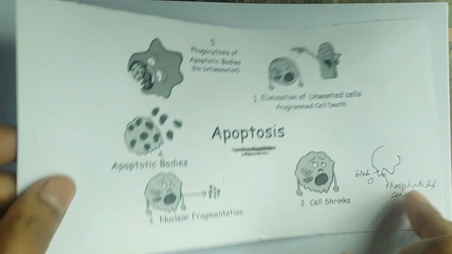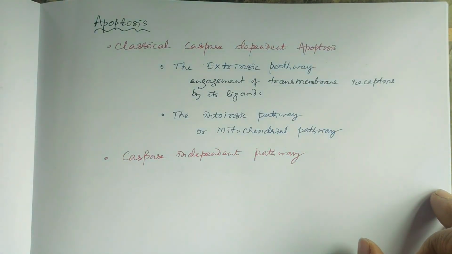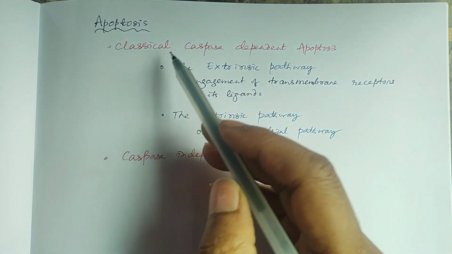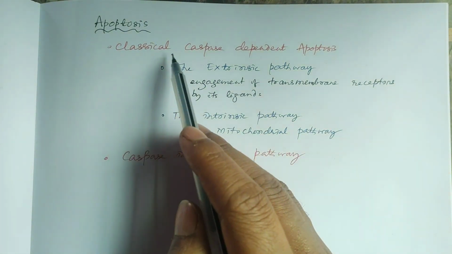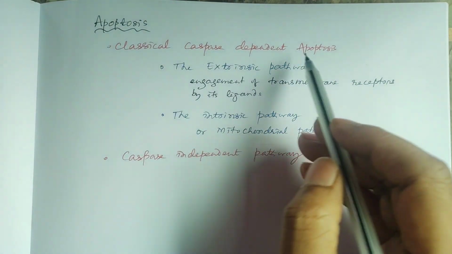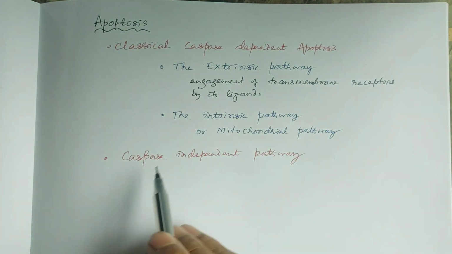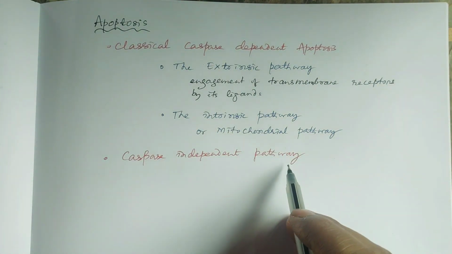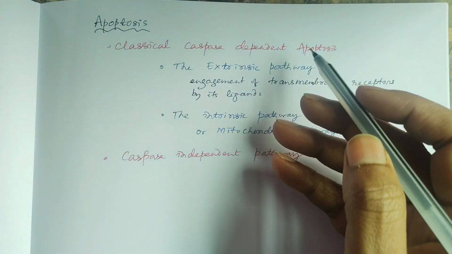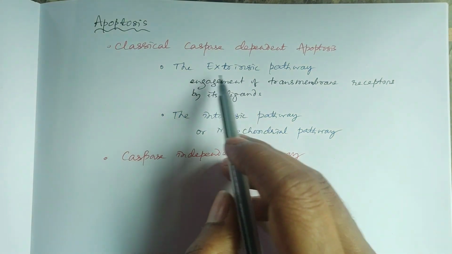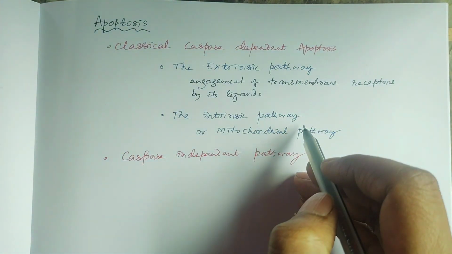The mechanism of apoptosis has two pathways. One is the classical caspase-dependent pathway and the other is the non-classical, caspase-independent pathway. The classical pathway is of two types, the extrinsic pathway and the intrinsic pathway.